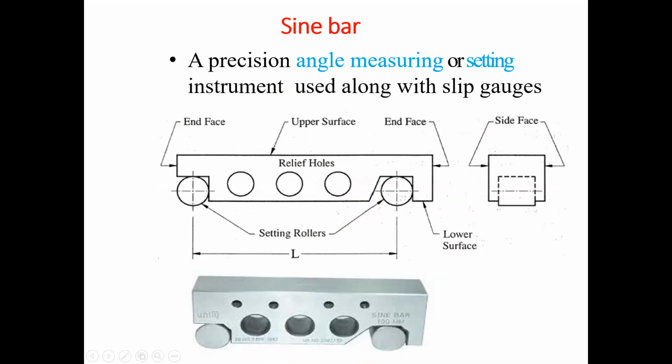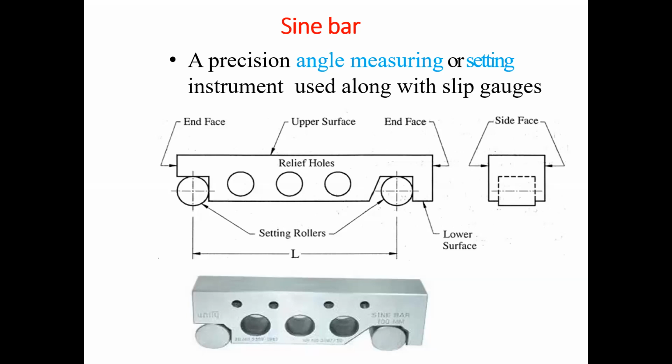This is not completely a measuring instrument. Other accessories are also needed in order to take measurements with the sine bar, so sine bars are used in conjunction with surface plates and slip gauges.